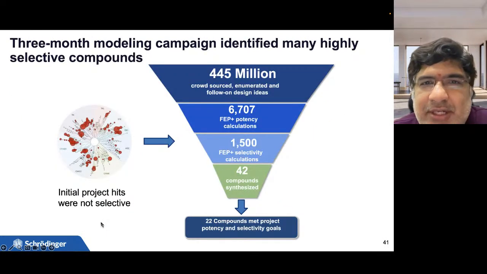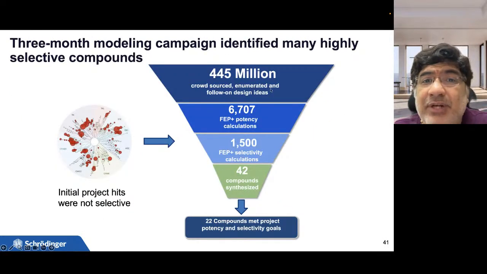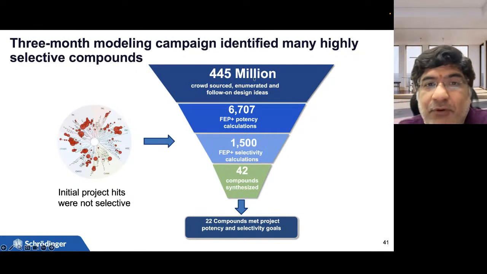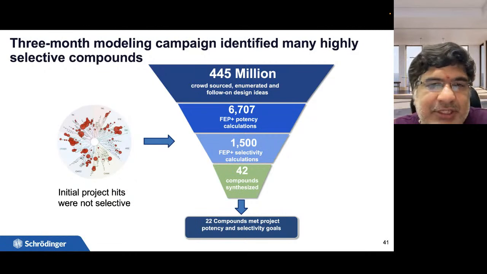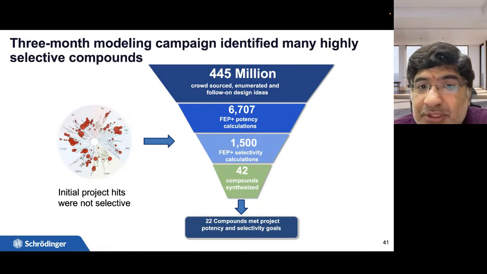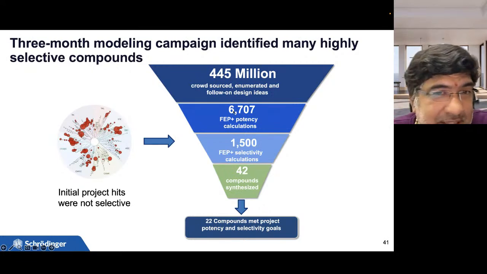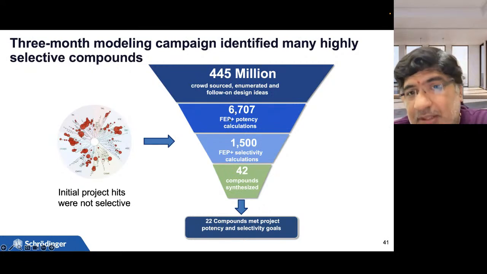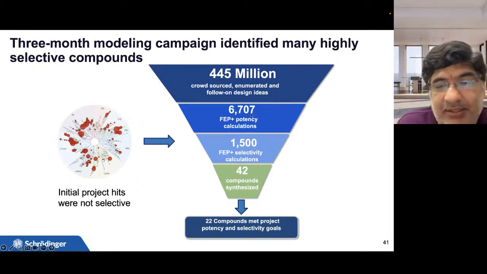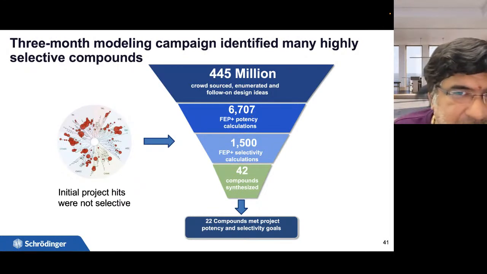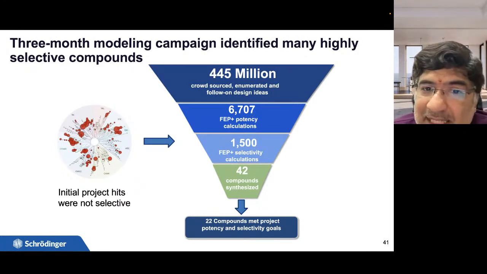So here is, in short, I would like to tell you, we started with 445 million molecules, 4 crore molecules. After applying all the filtration criteria, a few million molecules were filtered. About 6,700 molecules we considered for free energy perturbation, which exhibited high potency to V1 and which were highly selective.